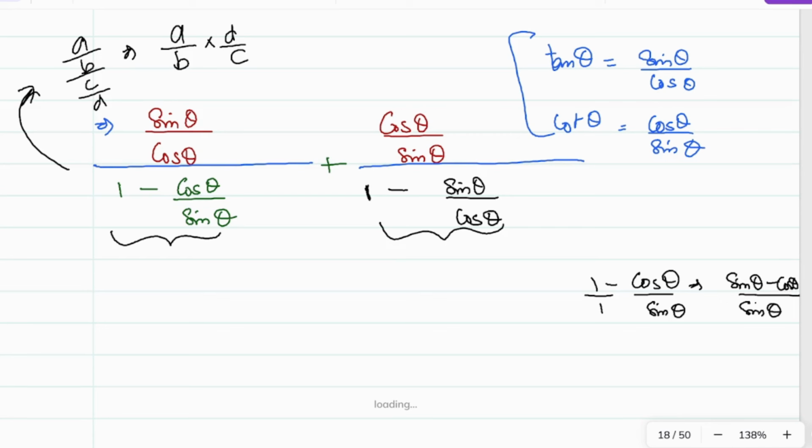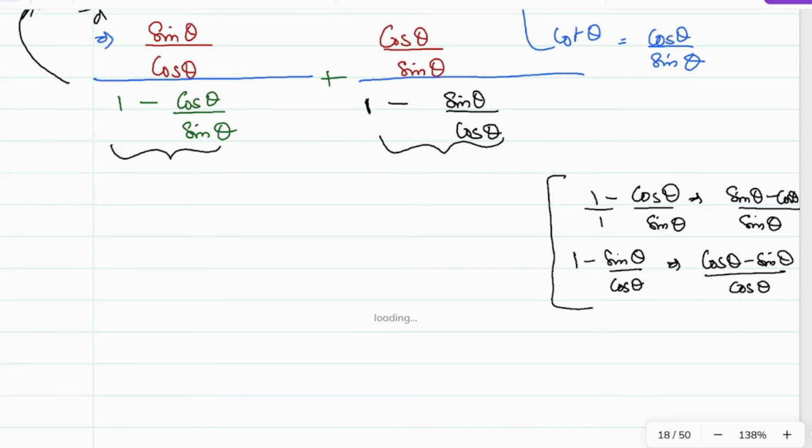Here also, what is my LCM? For 1 minus sinθ by cosθ, my LCM will be cosθ, which equals (cosθ minus sinθ) divided by cosθ. In this way, I need to replace my denominators.